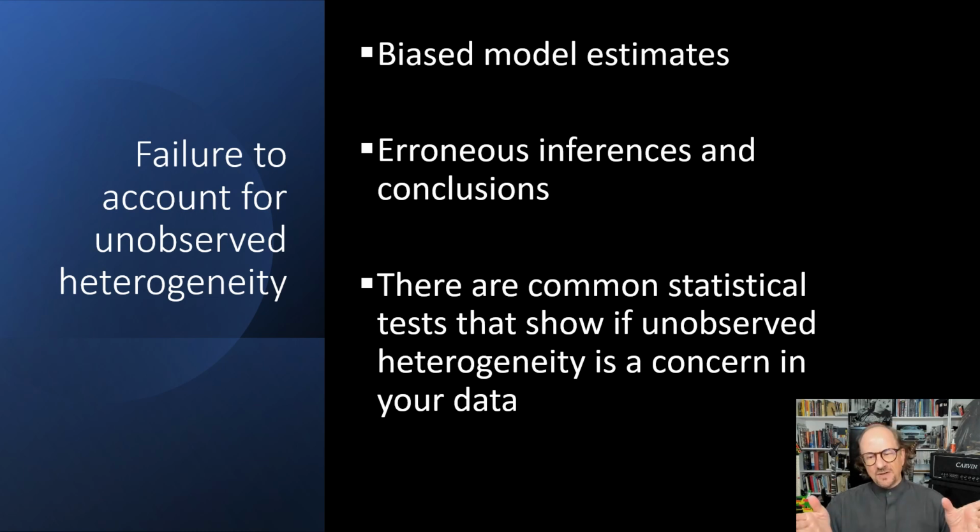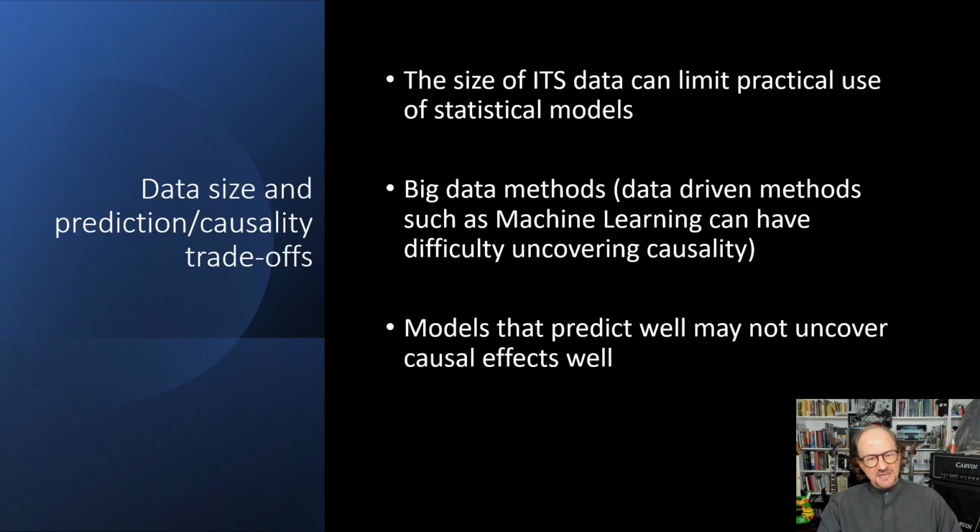And as I mentioned, there are common statistical tests that you can use to determine if unobserved heterogeneity is a concern in your data. You can use a likelihood ratio test if you're estimating with maximum likelihood methods. So unobserved heterogeneity is the first point that is going to be an important concern in this data analysis.